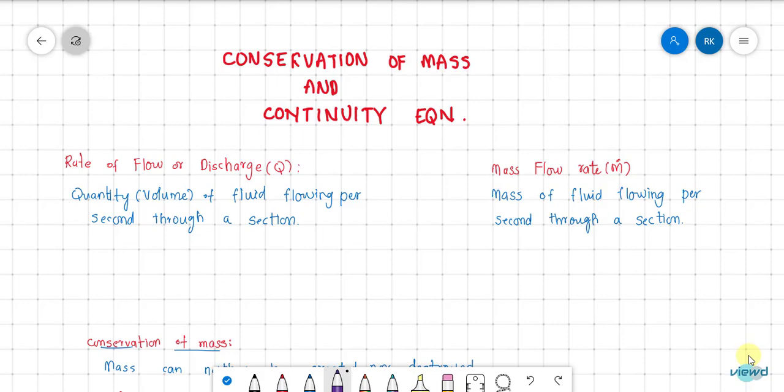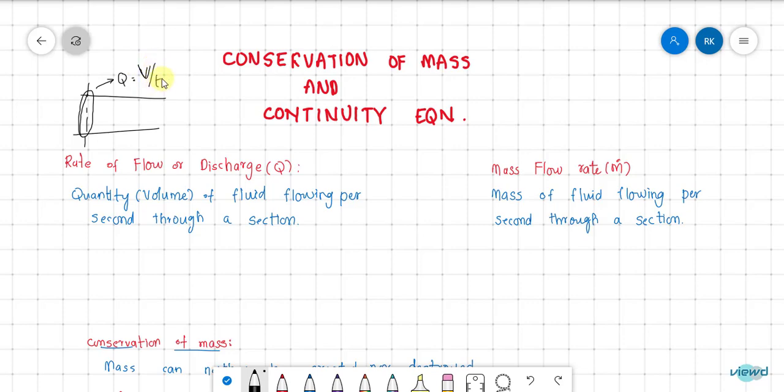Firstly, we need to understand what is discharge and what is mass flow rate. The discharge is the quantity of fluid flowing per second through a section. If the fluid is flowing in any pipe, and we need to measure the discharge at the section, then the discharge is equal to the volume of fluid flowing per unit time.